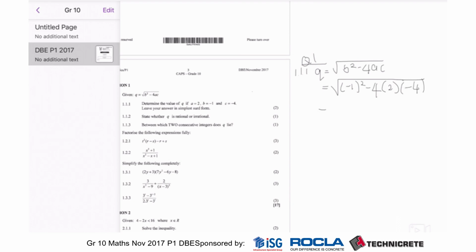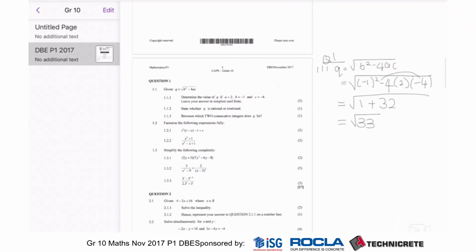You can simply put the calculations into your calculator, but it now becomes 1 because the negative squared is a positive. Minus, and a minus is going to give me a positive. Then 4 times 2 is 8, and 8 times 4 is 32. So my answer in its simplest surd form is root 33. So that is question 1.1.1 done.